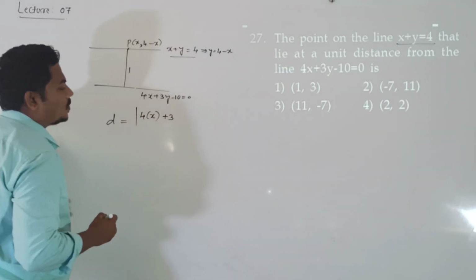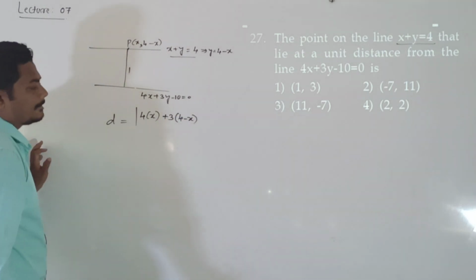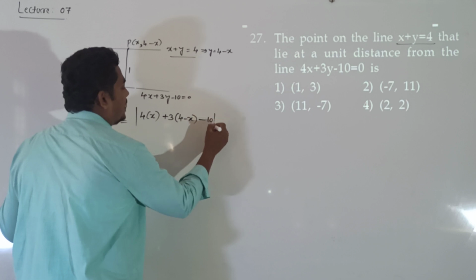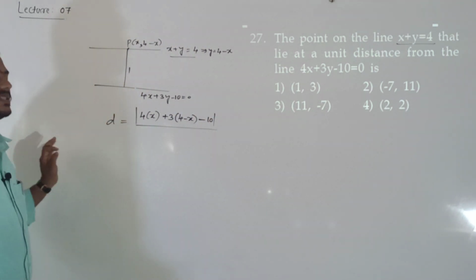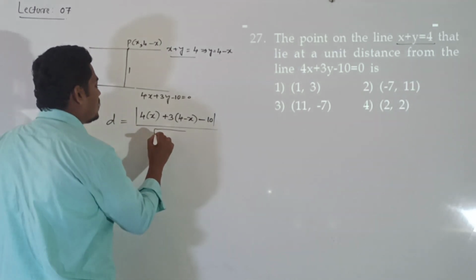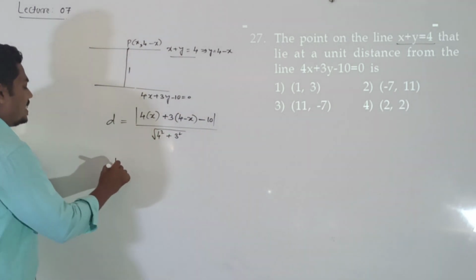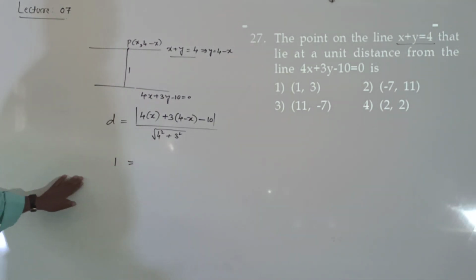plus 3 into, what is the y value in this case? 4 minus x, minus 10, divided by square root of a square plus b square, right? Square root of 4 whole square plus 3 whole square. Already the distance between line and point is given, that is 1 unit.